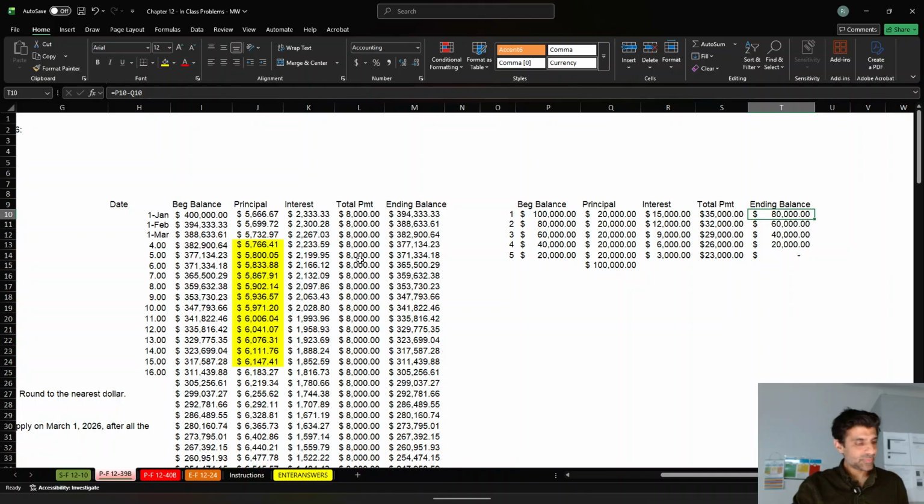I don't want to mislead you here. The book is a little inconsistent. Actually, no, sorry, I'm wrong. This is the March 1st of the next year payment. This first payment is this first line here. So after the first payment, your total loan balance is 80,000.